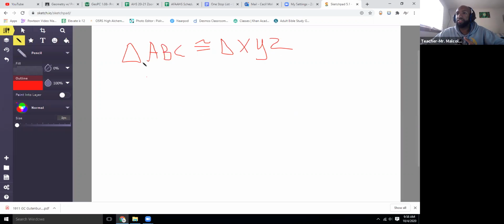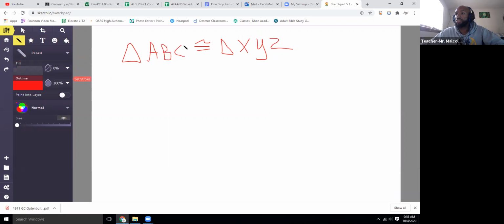We can see that angle A is congruent to angle X. We can also see that angle B is congruent to angle Y. And lastly, we can see that angle C is congruent to angle Z because of the position that they have in the congruent statement. Now, we can see that line AB is congruent to line XY.